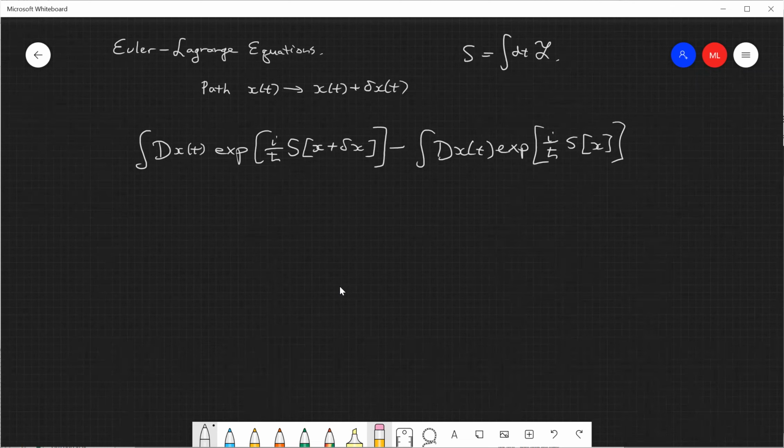This must be equal to 0 identically, because it's just like a linear shift, or just like adding a constant to a variable of integration, where the variable of integration is integrated over all real numbers anyway. That's point by point along that path. That's what you're doing. So that doesn't change the path integral.